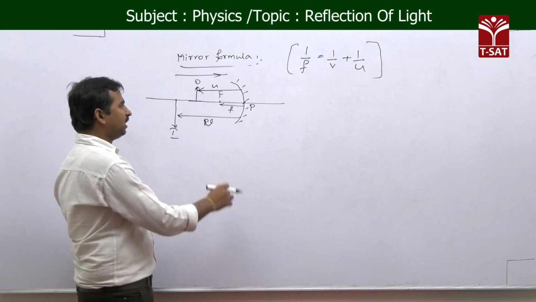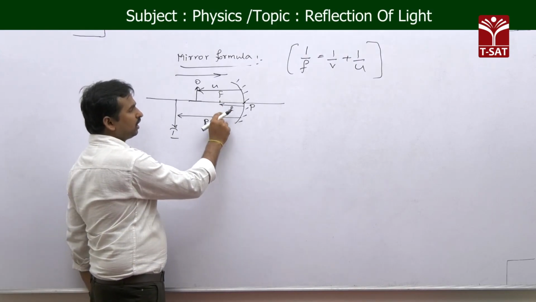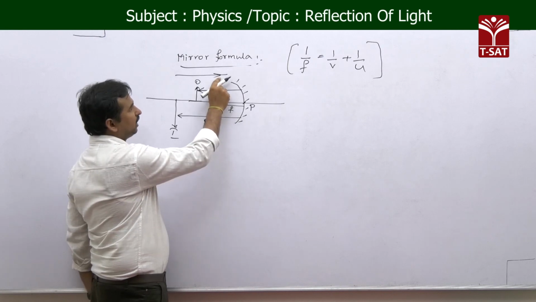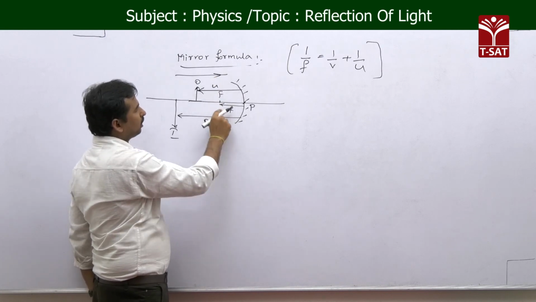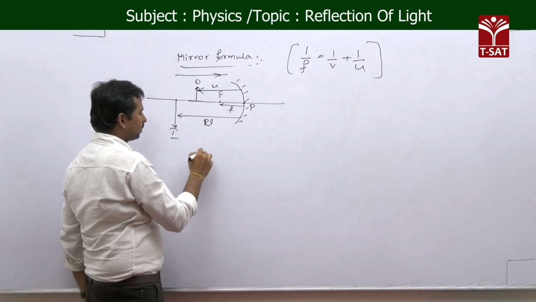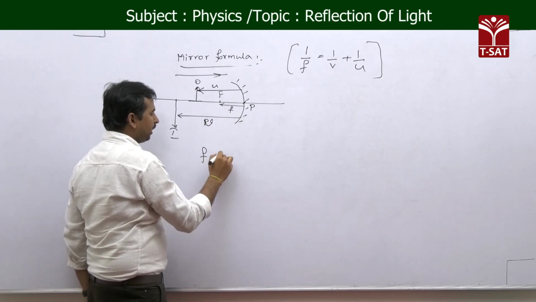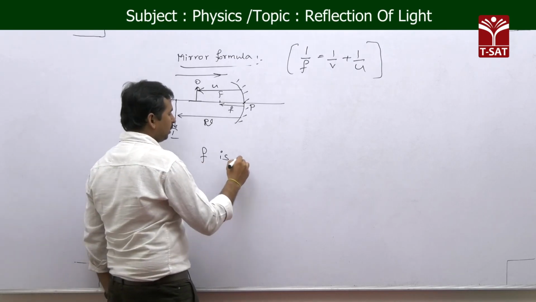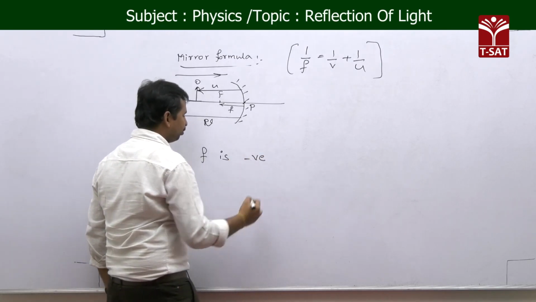If you observe clearly, the focal length, which you take starting from the pole to the focus for a concave mirror, is opposite to the incident ray. So that's why for the case of a concave mirror, the focal length is negative.